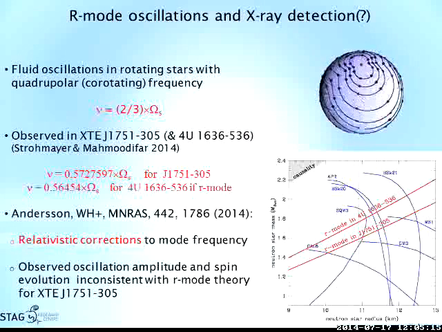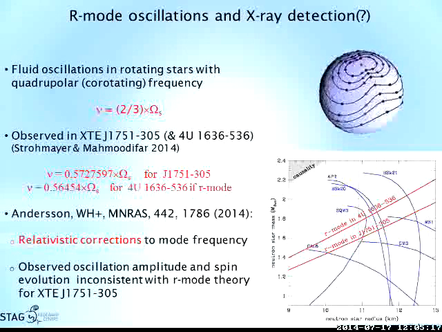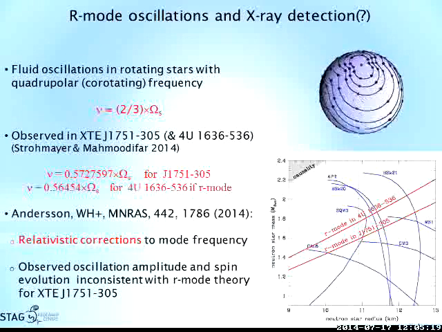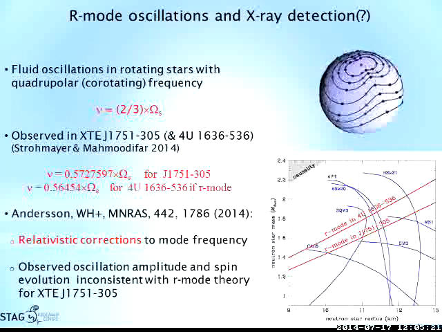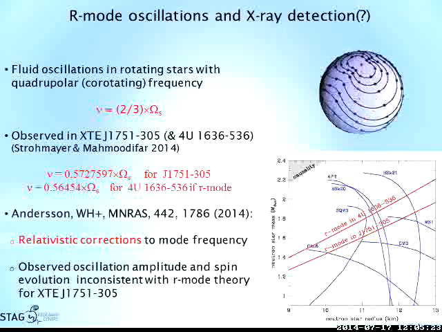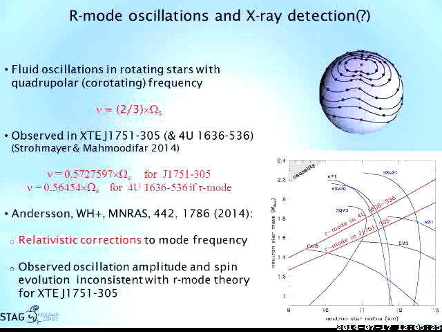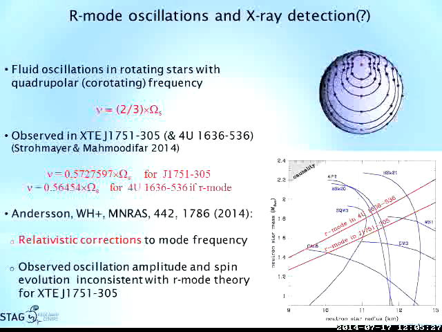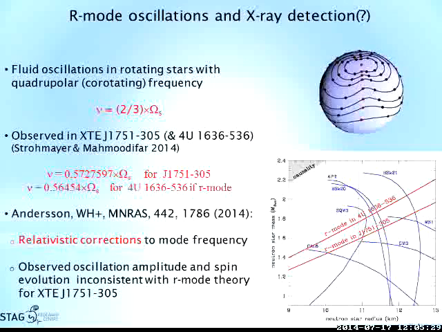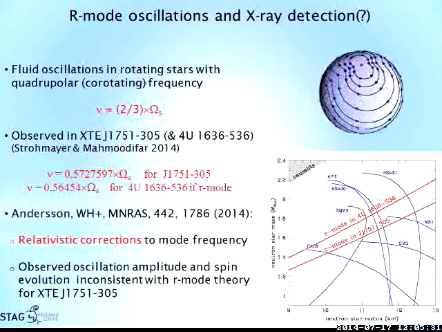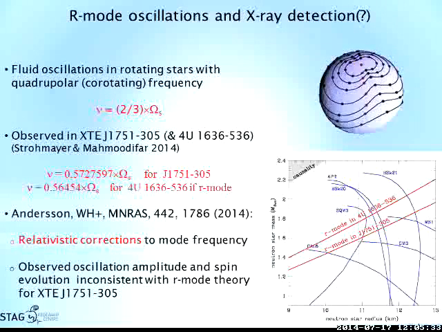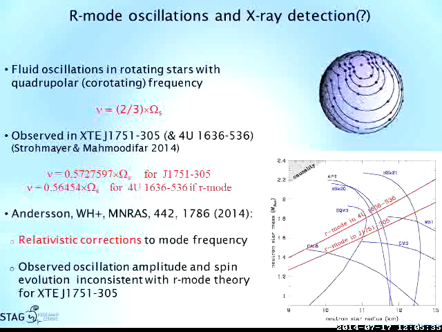In Simon's recent work, and also the one she talked about, they get values that are close to 2/3. Recently we wrote a paper on how, if you include relativistic corrections, you can get these frequencies.